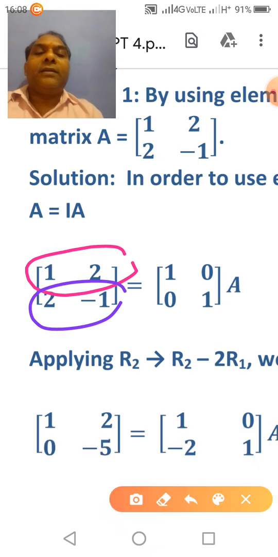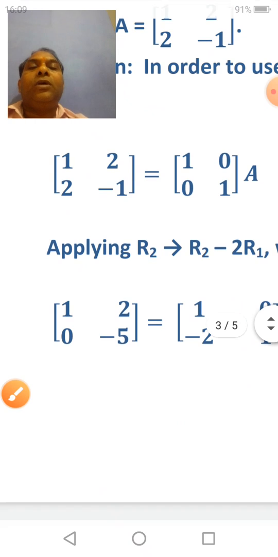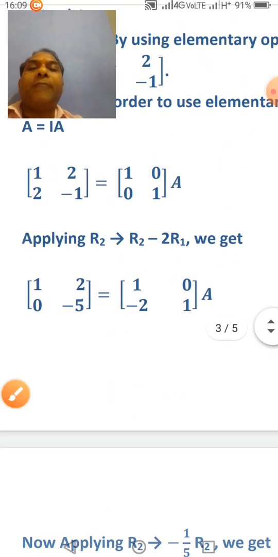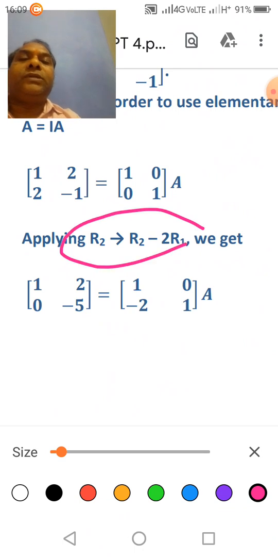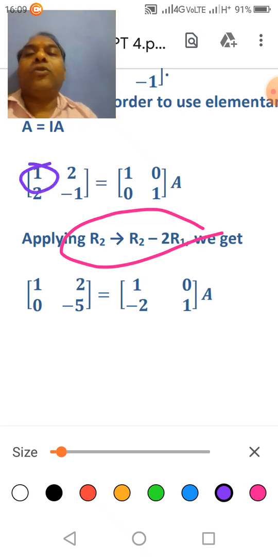Clear? Now see this example. So firstly we have to convert the first column in 1 0. So apply the operation, because in the first column the first element is already 1, so no need to convert it.